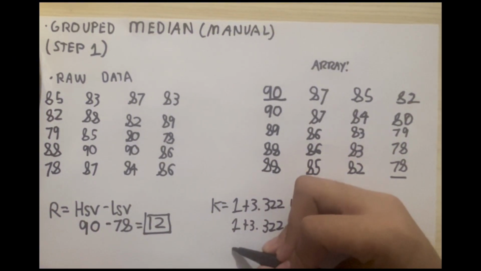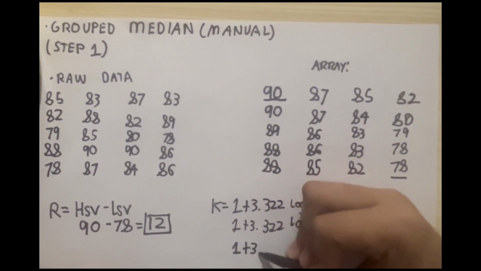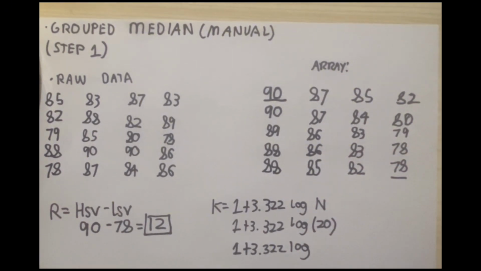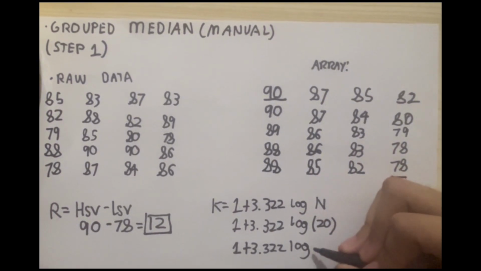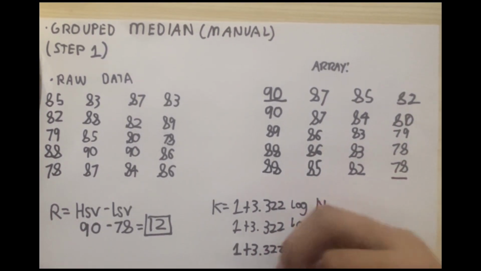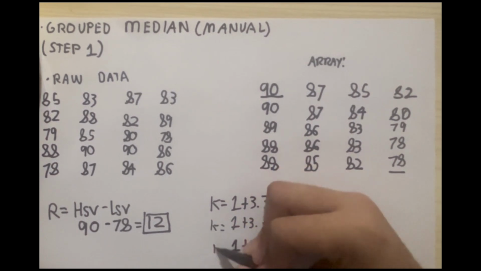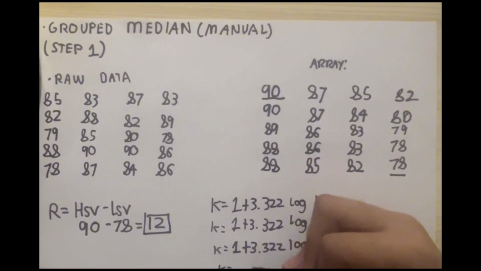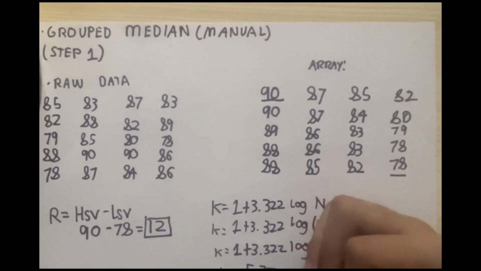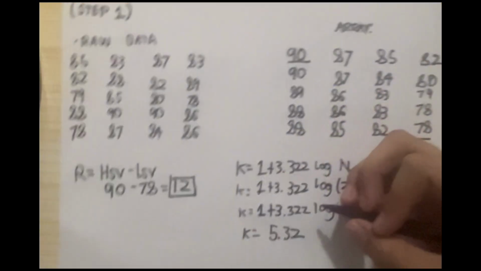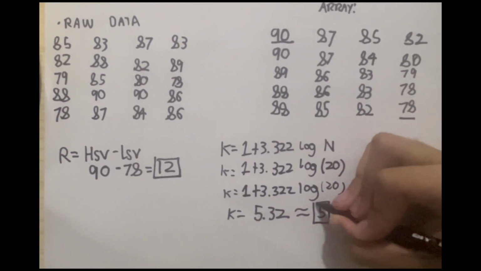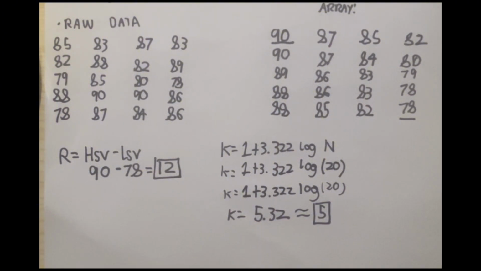Now we will compute. 1 plus 3.322 log 20 is equal to 5.32. We'll be rounding it off to the nearest whole number, which is 5. Now our k is equal to 5.